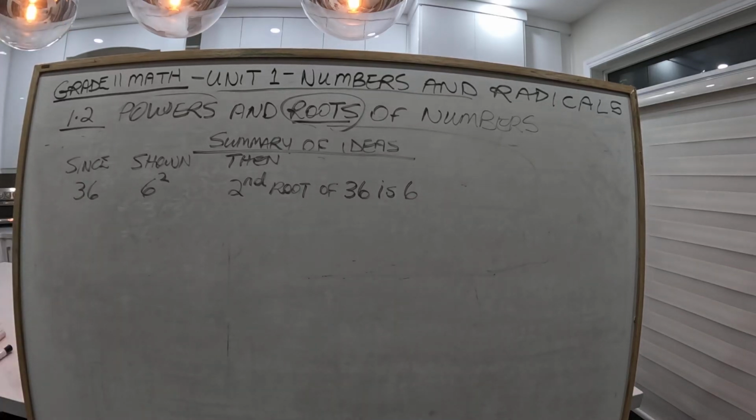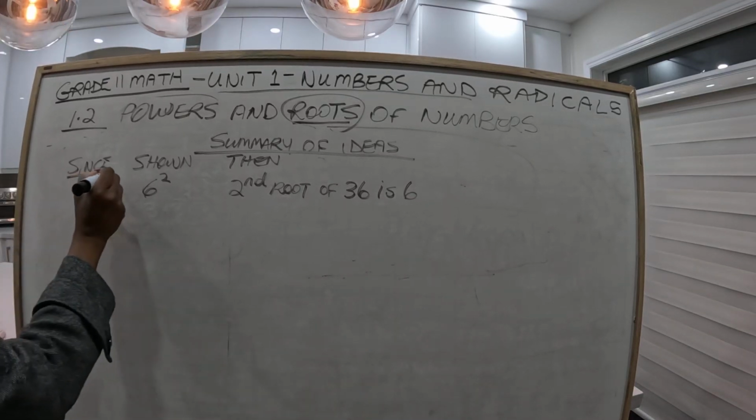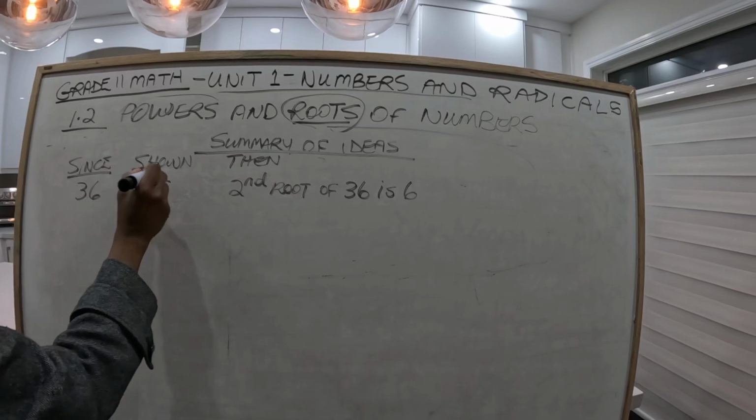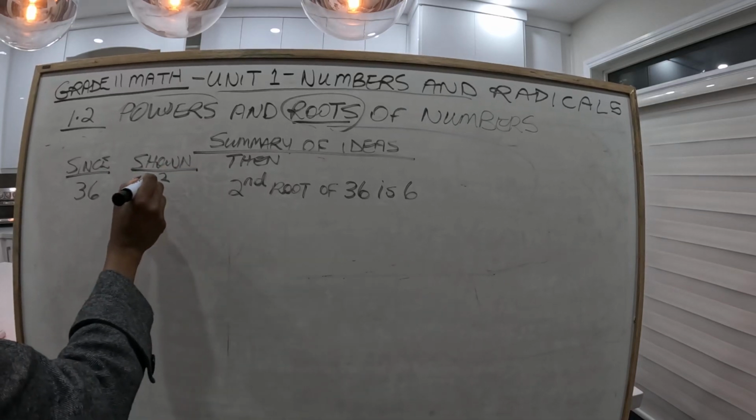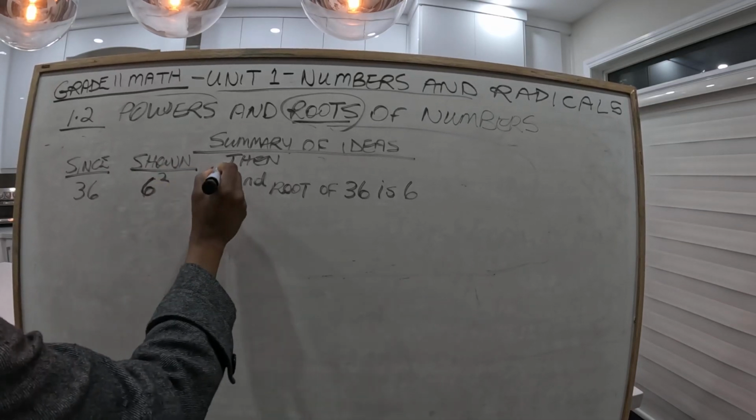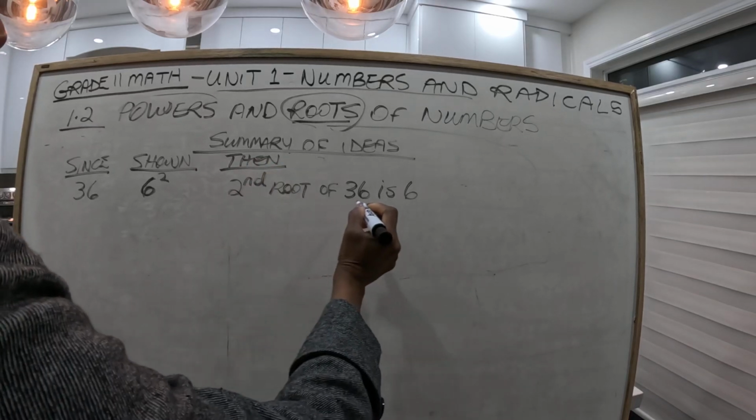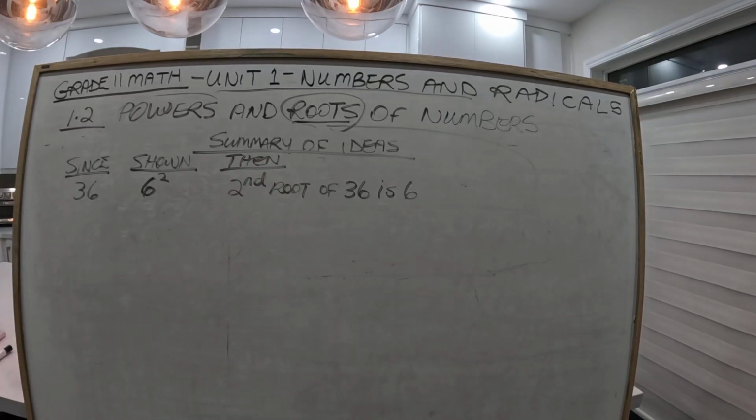Okay? So we're going to say since 36 is shown as 6 to the power of 2, then the second root of 36 is 6.